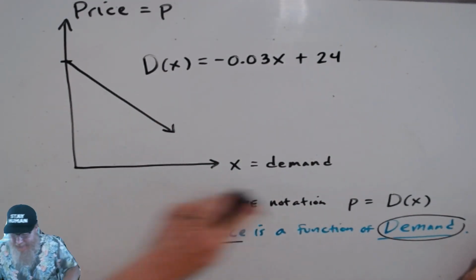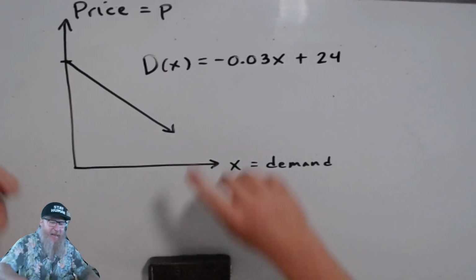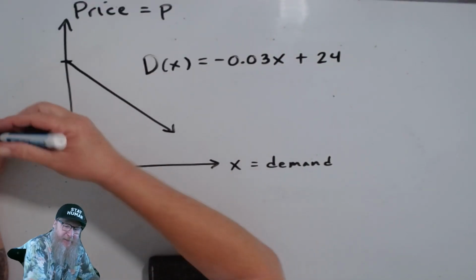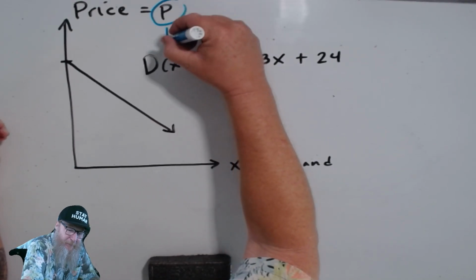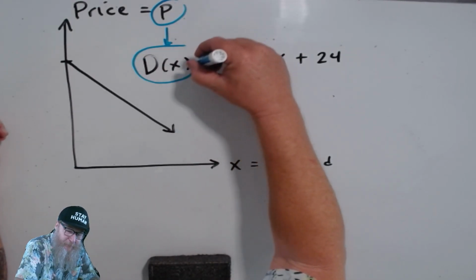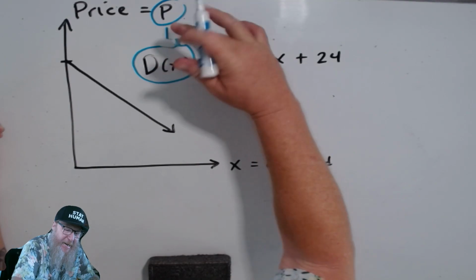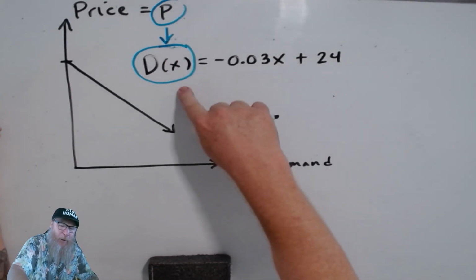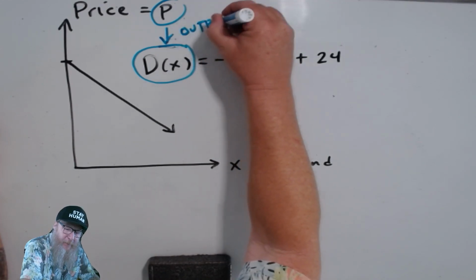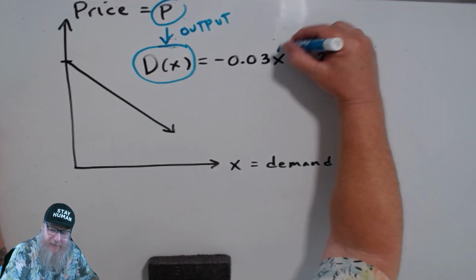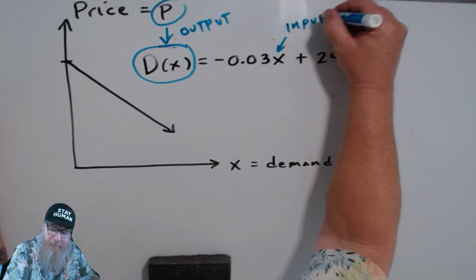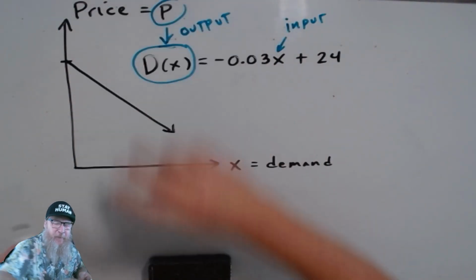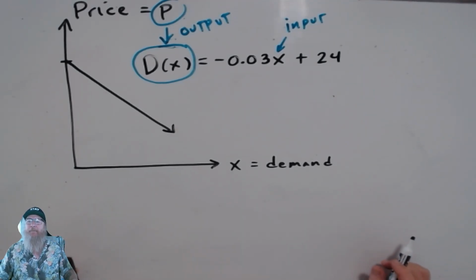It basically is just saying that the y value is P. So P is the y value, it's the output, and then X is the input. And that's the function that we're going to be using today in this lecture.